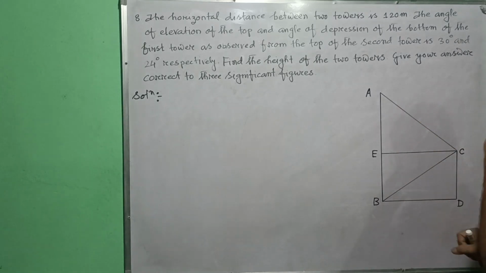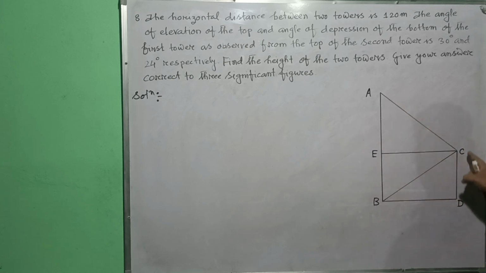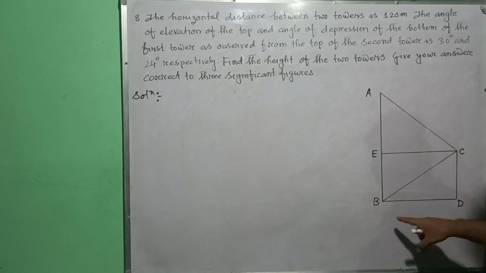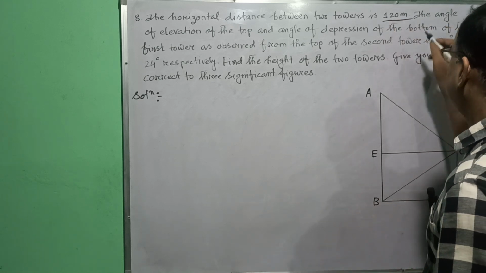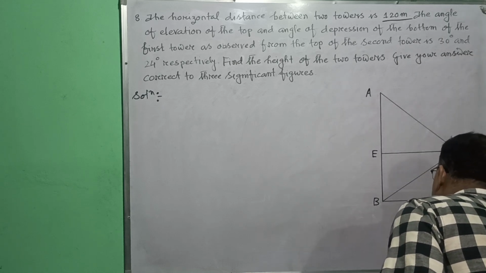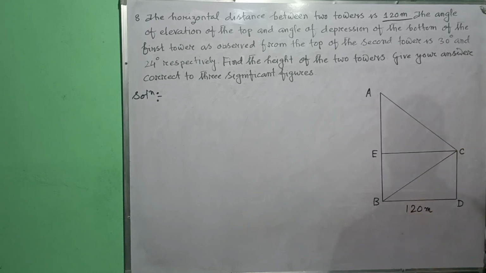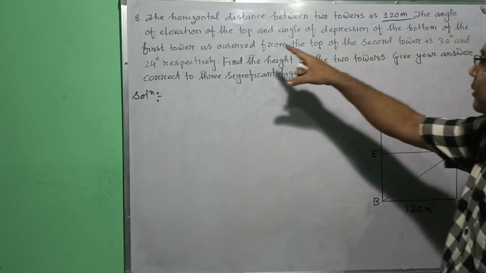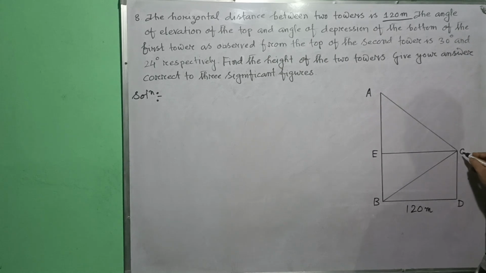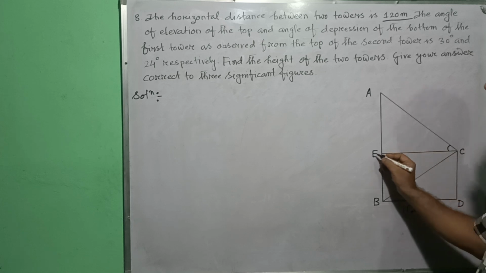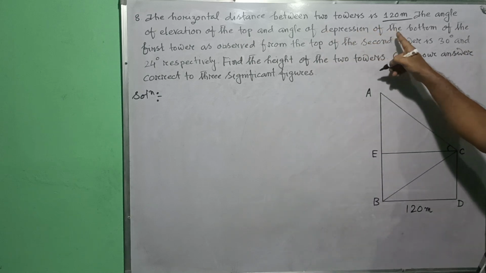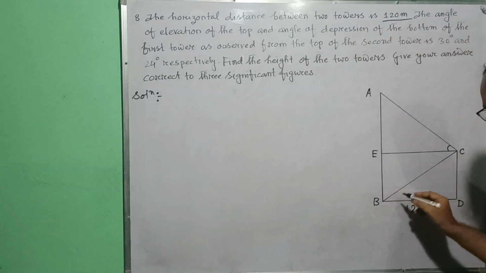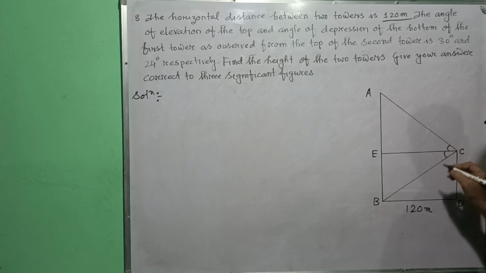According to the figure, AB and CD are the two towers, and it is given the horizontal distance is 120 meter. So we can write here 120 meter, and the angle of elevation of the top is forming the angle with the horizontal line C. The angle of depression of the bottom is that angle.